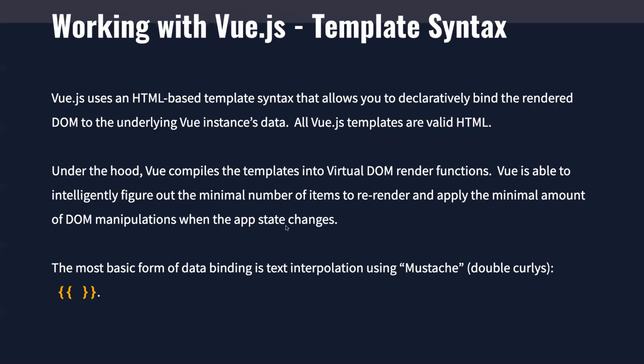It's the double curlies, also referred to as the mustache syntax. This is popular not only in Vue, but many languages use the mustache syntax. So if you go to Angular or React, you may also see this mustache syntax.